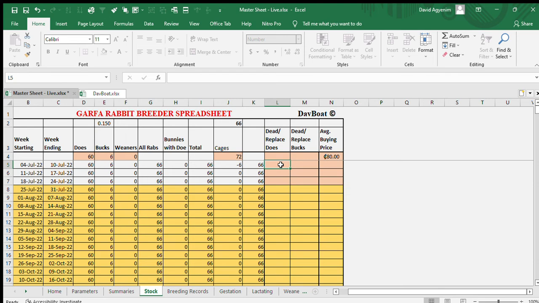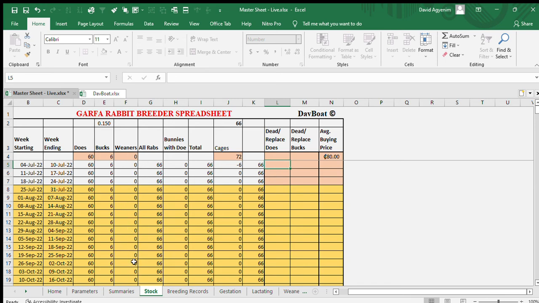Now if we go to the gestation sheet, which is the next sheet that we'll be talking about in the next video, and we insert our breeding plan there for every month, when you come back here, you see that these weaners will change at a point in time.